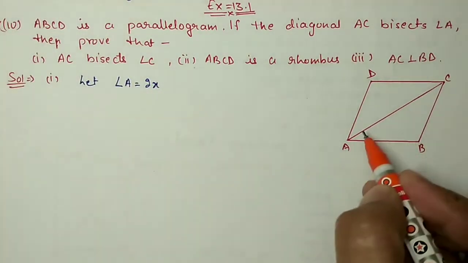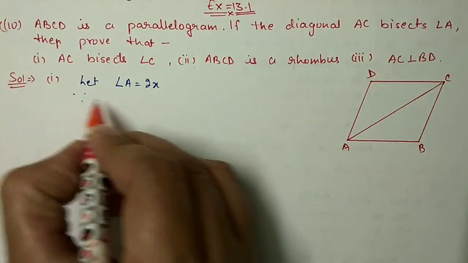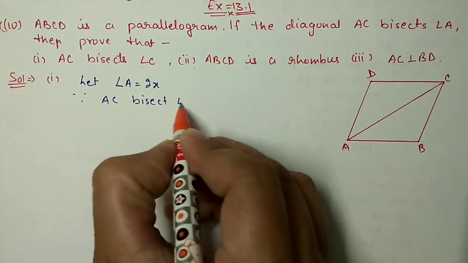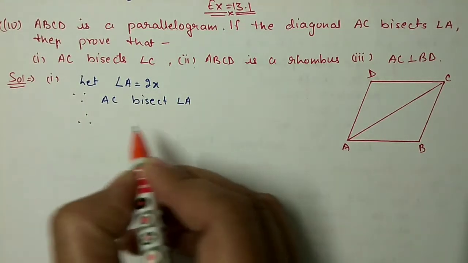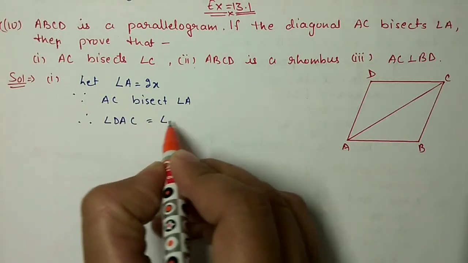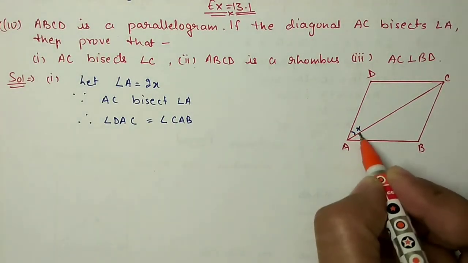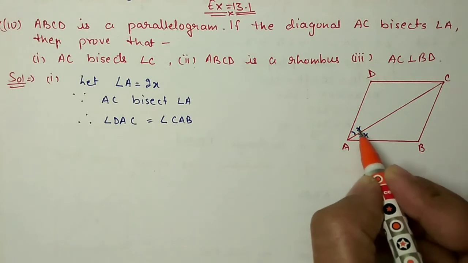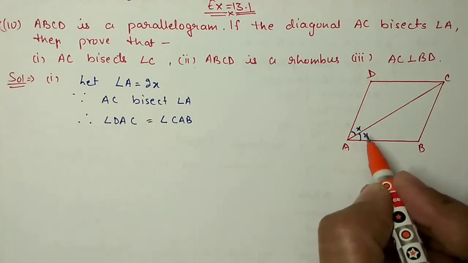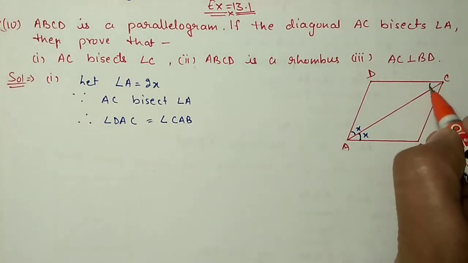Because AC is bisecting angle A, therefore angle DAC is equal to CAB. This angle and this angle will be the same. This total I have taken as 2x, so half of this will be x and x.